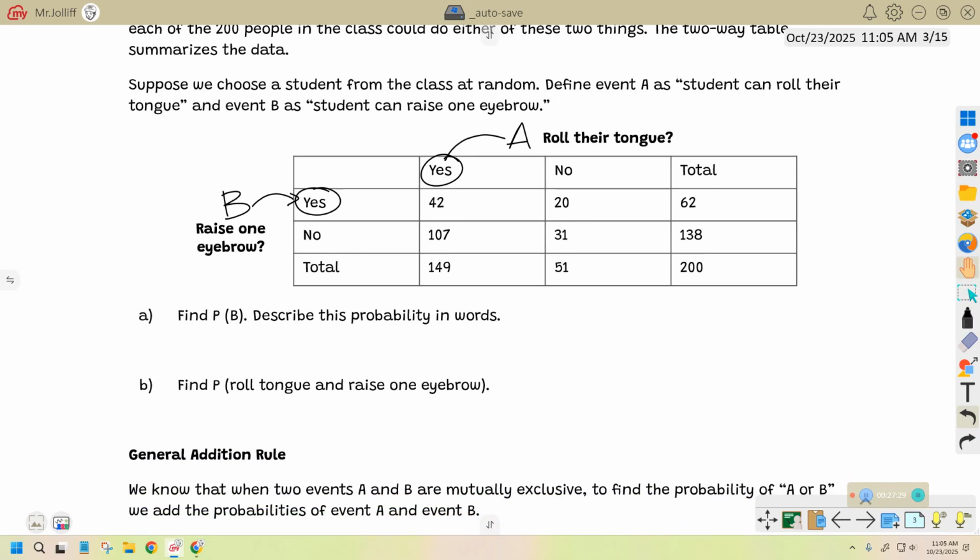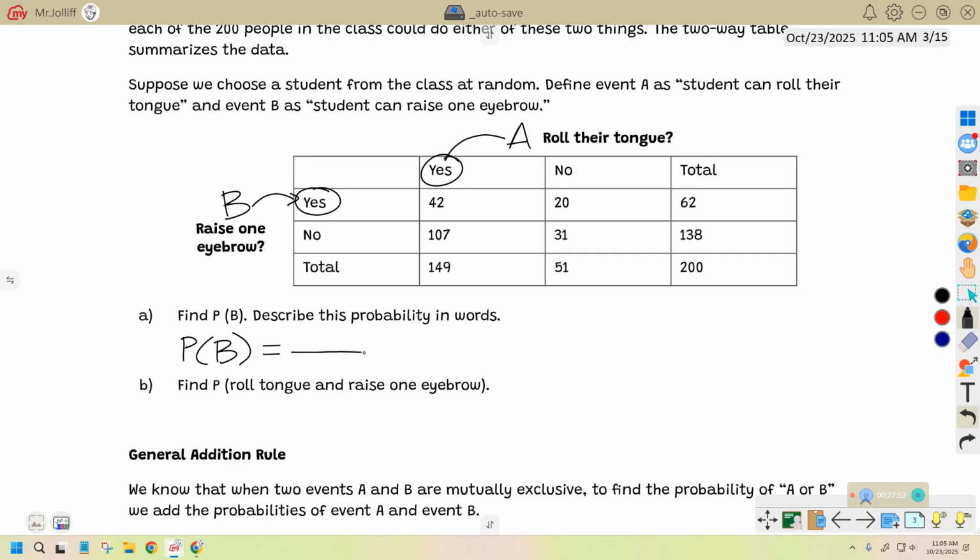So it says find P(B). Describe this probability in words. So P(B), B is yes, the student can raise one eyebrow. In that table, how many students total can raise one eyebrow? 62.